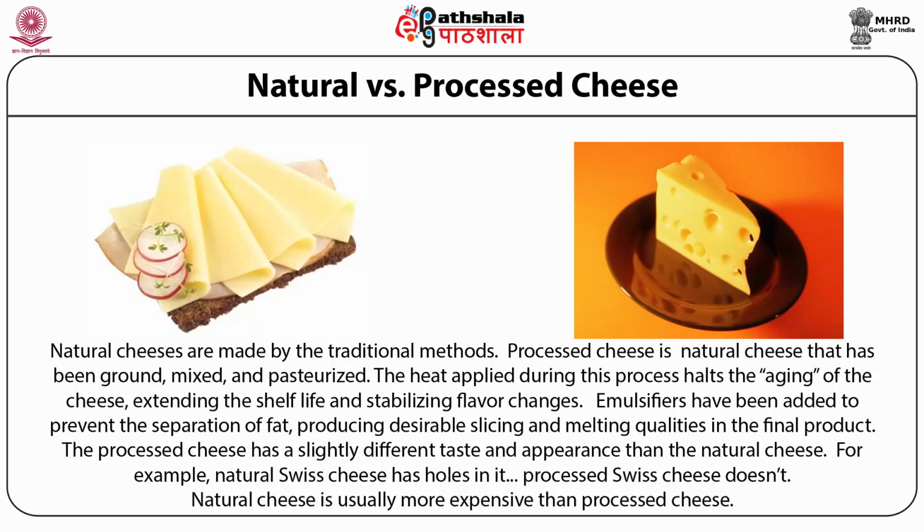The heat applied during this process halts the aging of the cheese and it extends its shelf life and stabilizes flavor changes. In these cheeses, emulsifiers are added to prevent the separation of fat.